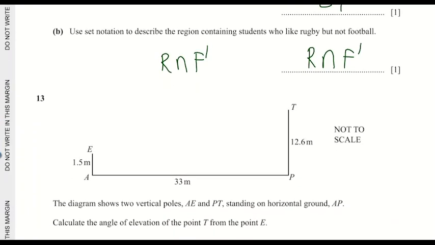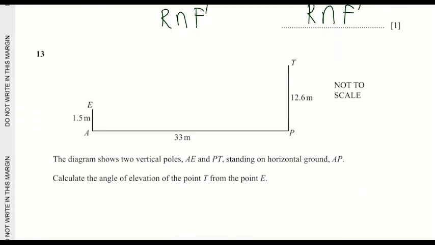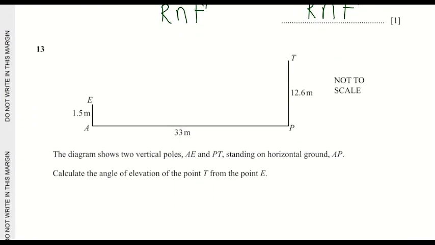Question 13. The diagram shows two vertical poles AE and PT standing on horizontal ground AP. Then calculate the angle of elevation of the point T from the top E. So what we can do is draw a line here.